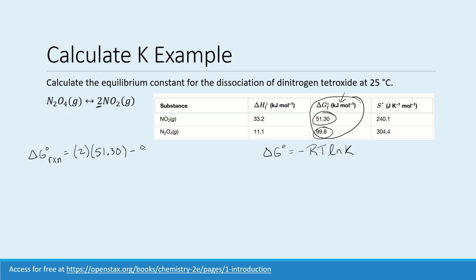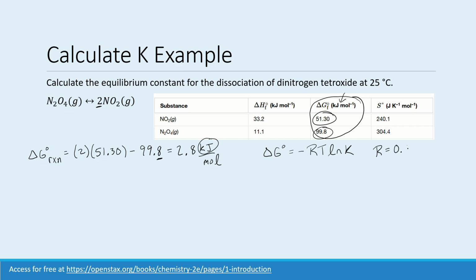So products minus the reactant dinitrogen tetraoxide of 99.8, and of course that goes out to the tenths place. And we get back 2.8 kilojoules per mole. Okay, so we have our delta G value.